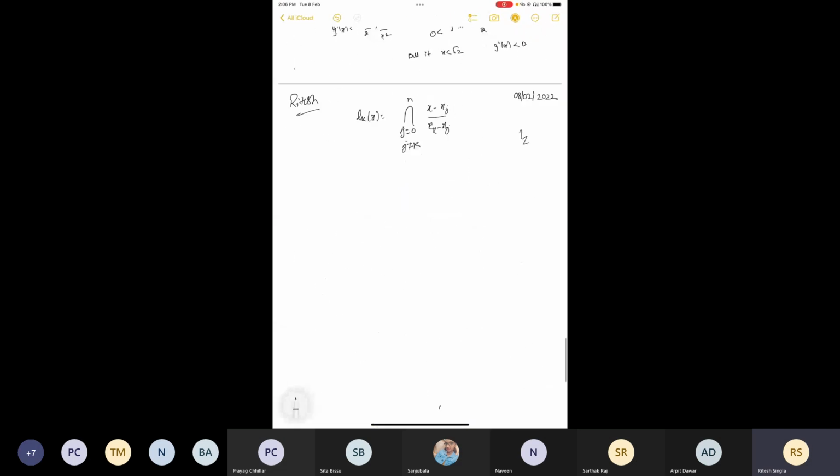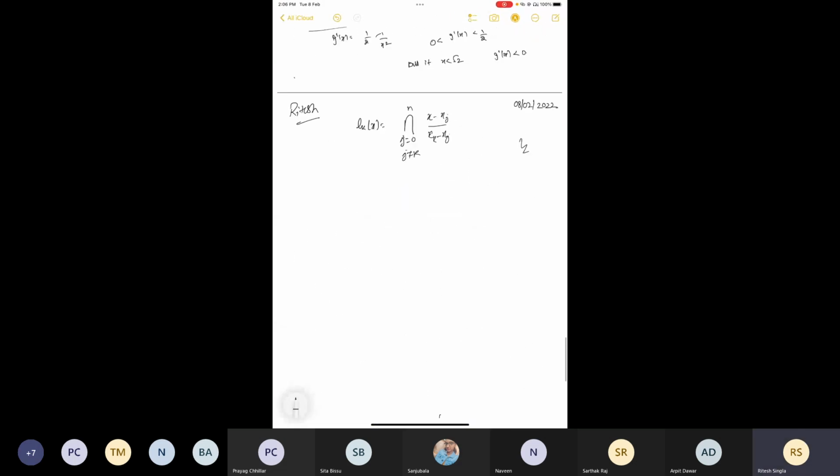Let me check. Okay, so Lk of x is a polynomial of degree n in x, right? For all 0 less than or equal to k less than or equal to n. Am I audible?